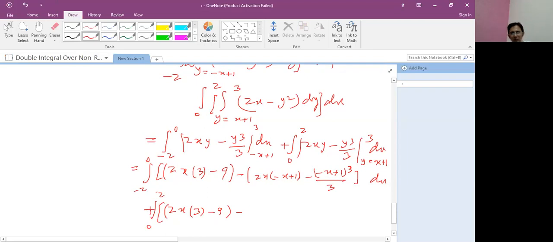So when we put here and expand this value, it is 2 times of x into x plus 1 minus x plus 1 whole cube over 3 into dx.